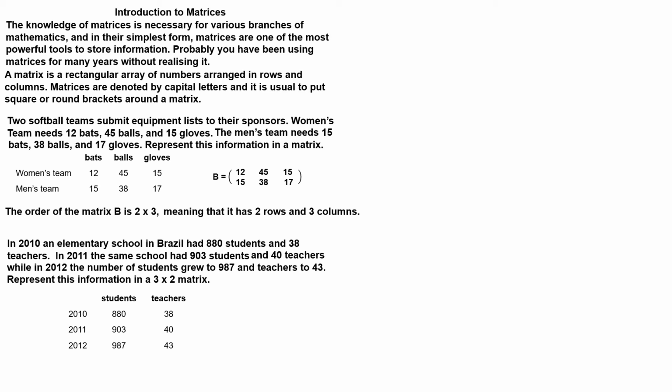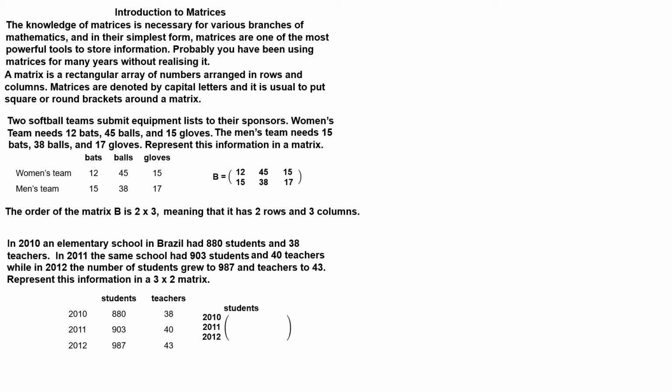So we can write this table as a matrix. The first row represents 2010, the second row represents 2011, and the third row represents 2012. The first column represents the number of students in each year.